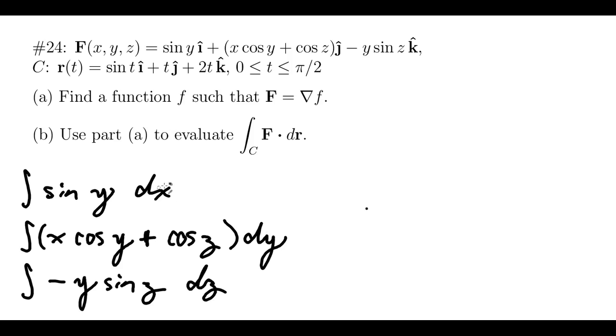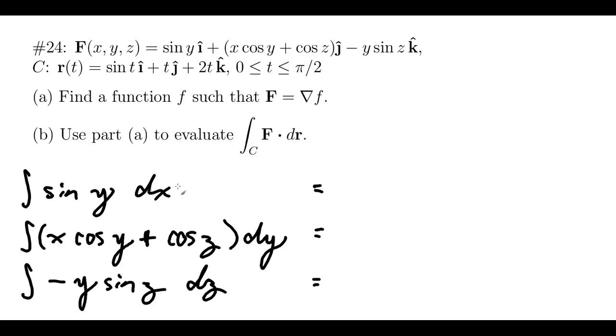And again, these dx, dy, and dz are not arbitrary. This is because we want big F to be the gradient of small f, which means that small f sub x should be this, the partial of f by y should be this, and the partial of f by z should be this. So we're specifically trying to undo each of those respective derivatives by taking the integrals.